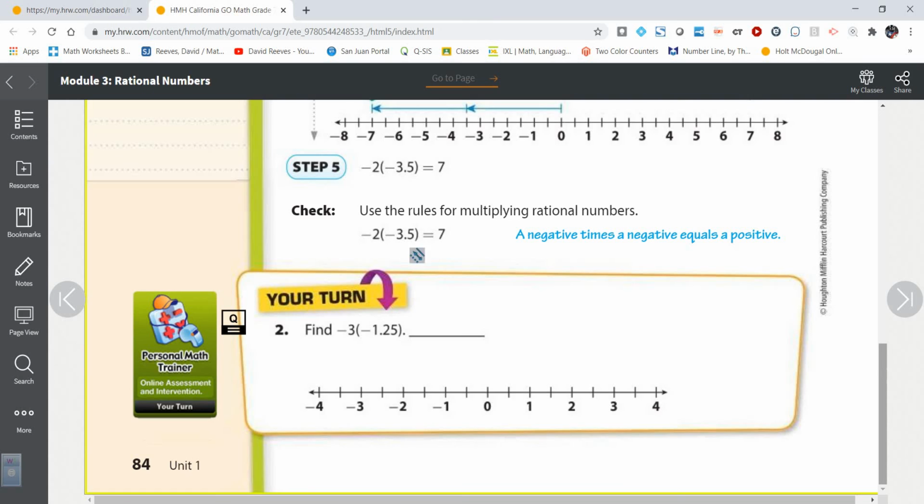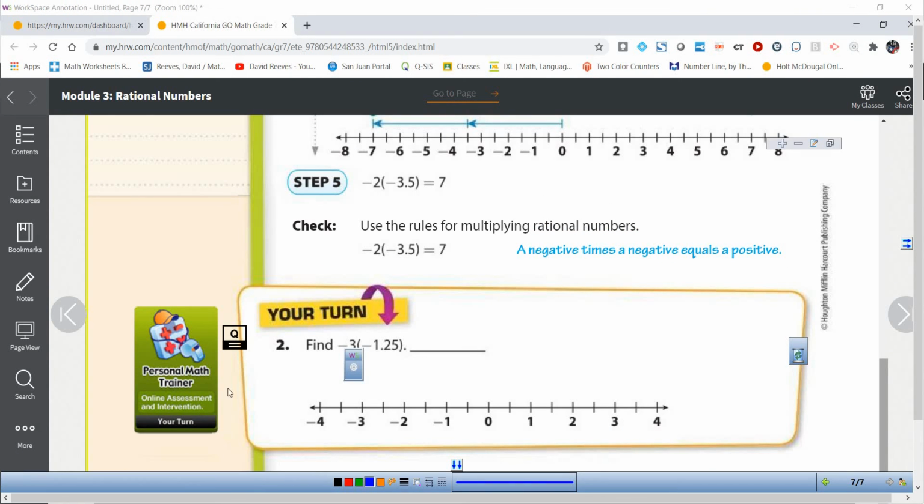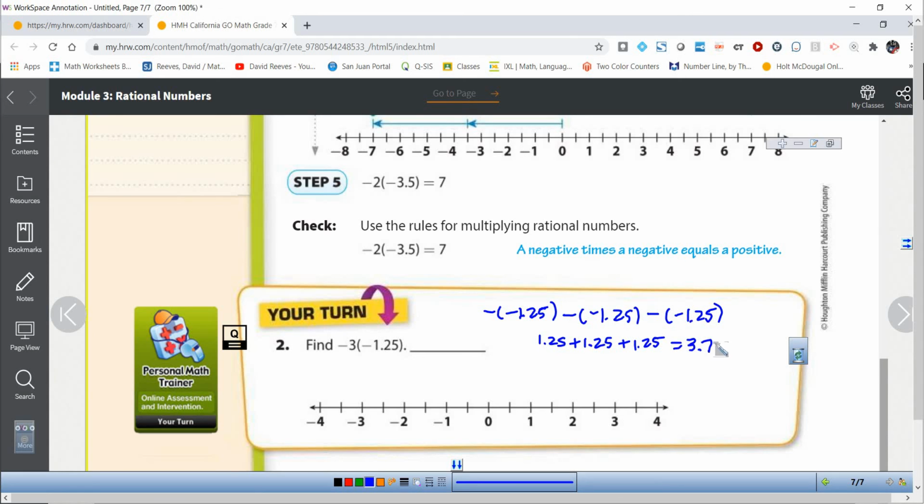Repeatedly subtracting a negative or multiplying by the positive and then taking the opposite of it. Okay? So if we took a look at this one right here, negative 3 times negative 1.25, well, if we were doing it my way, this is what we would do. We would go minus that way, and minus that way. And subtracting a negative is the same as adding a positive, so what we would end up with was 1.25 plus 1.25 plus 1.25, which is going to be 3.75.